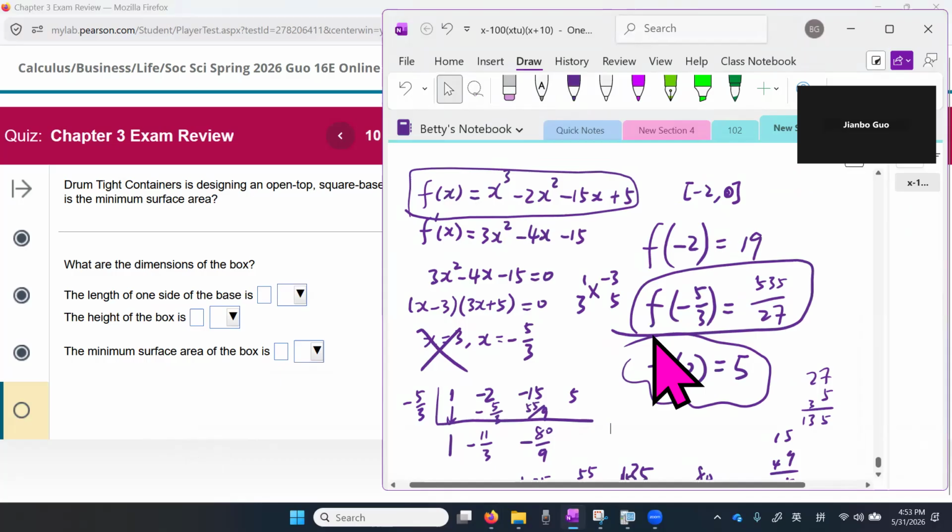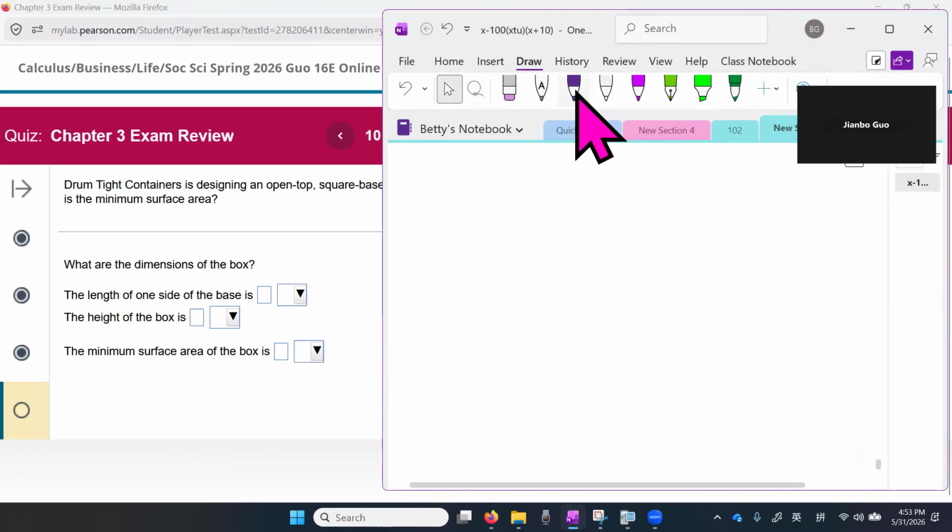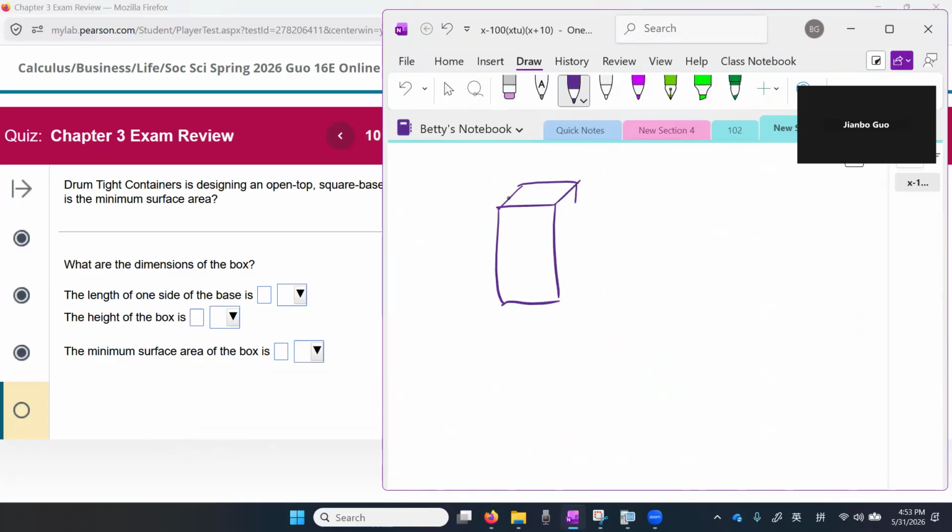So let's see. The box is gonna look like this. How about we let x be the length of the base because it's square, right? So this is x, this is x. All four sides are x. How about we let y be the height?